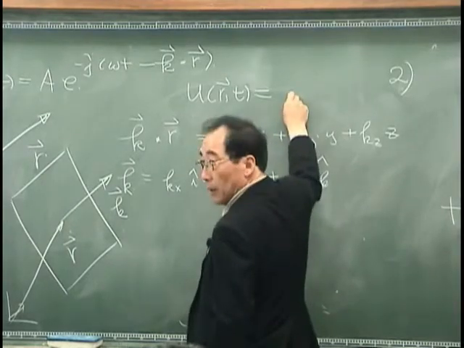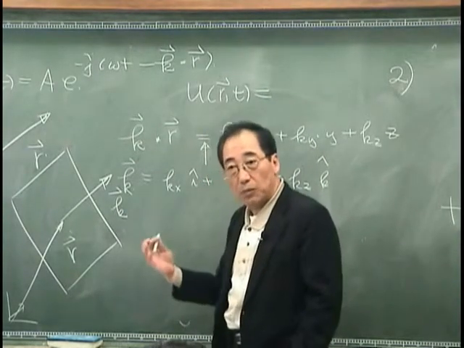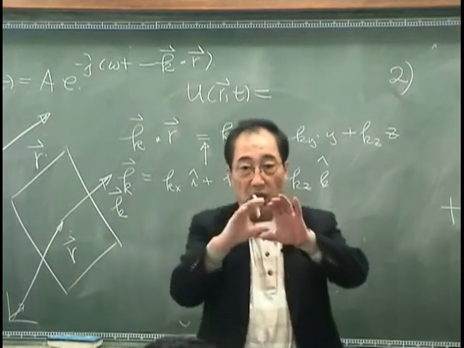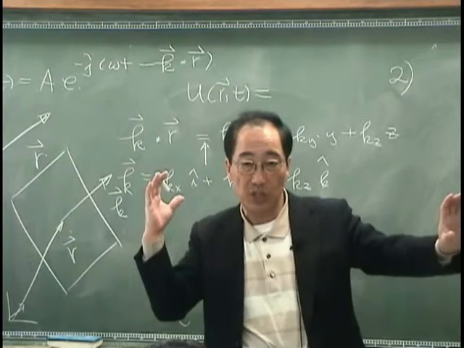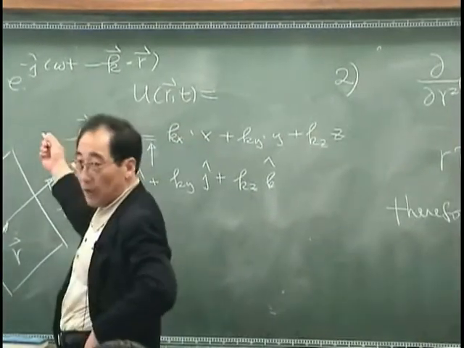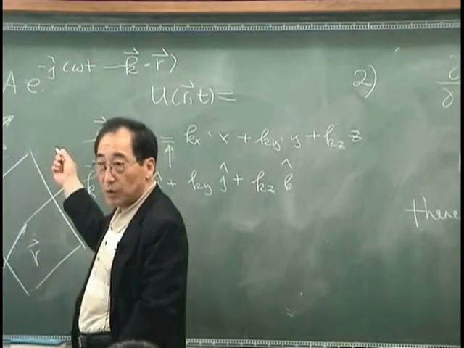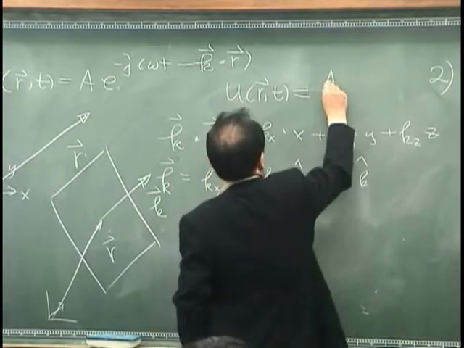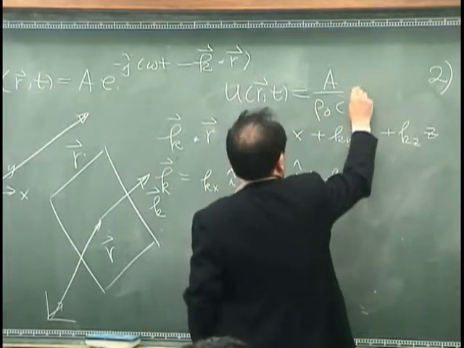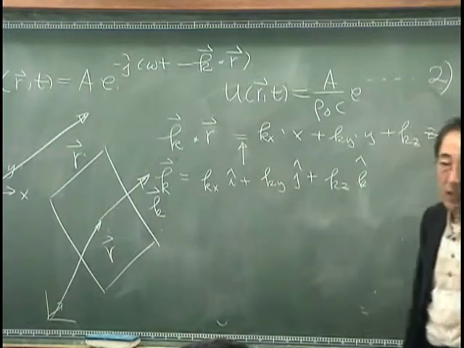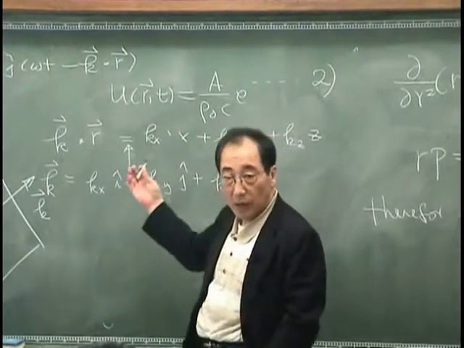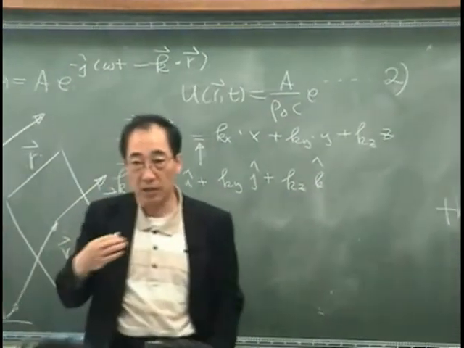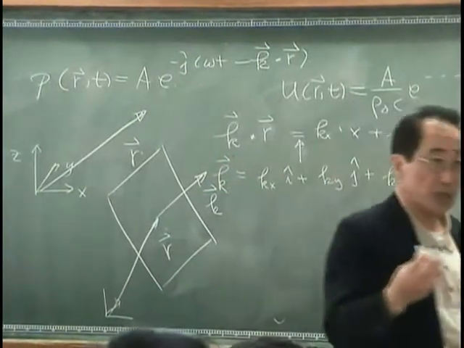Because the impedance of a plane wave in the duct is rho 0 c. So that will be A over rho 0 c exponential. That is the velocity. Therefore, the pressure and velocity of a plane wave are in phase, always, rho 0 c.